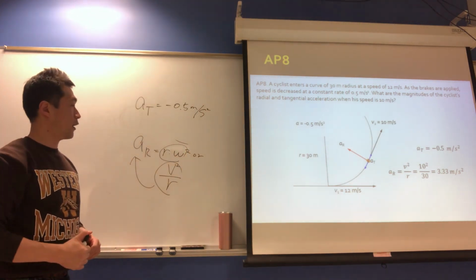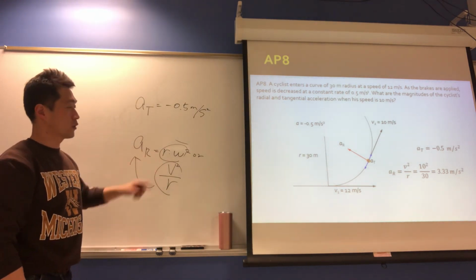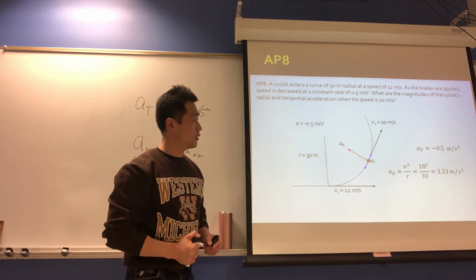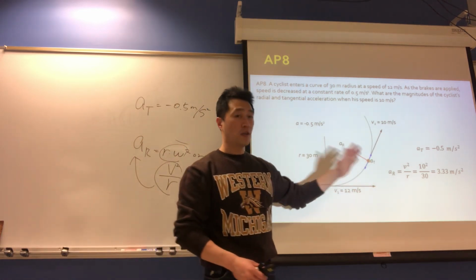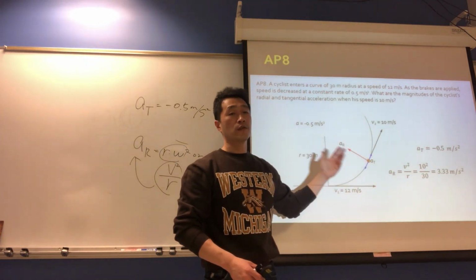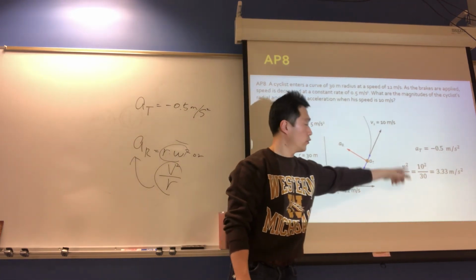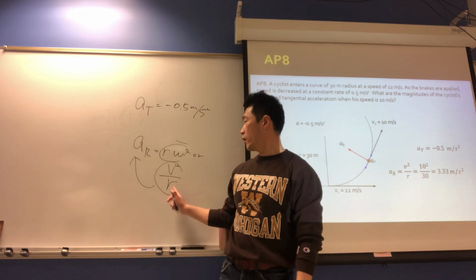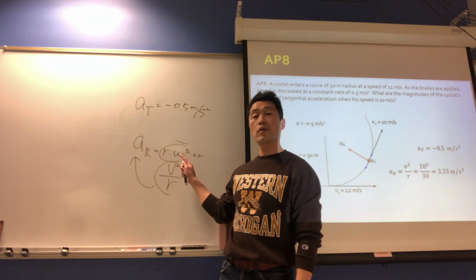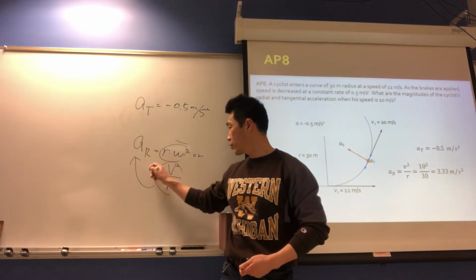Then calculate radial acceleration, either using this one or this one. But since we are provided with the linear velocity at this point, which means v2, the final velocity of this cyclist, we need to use v squared over radius, because there is no angular velocity information given in this question.